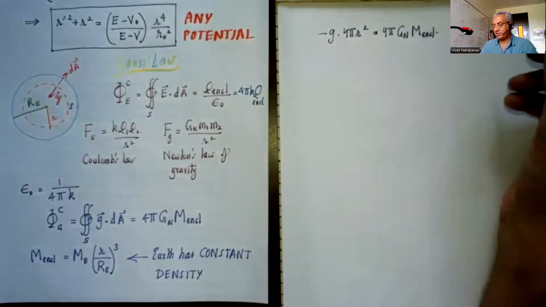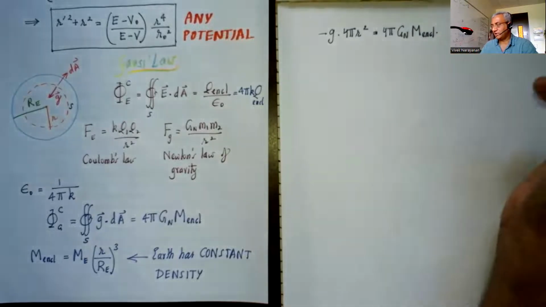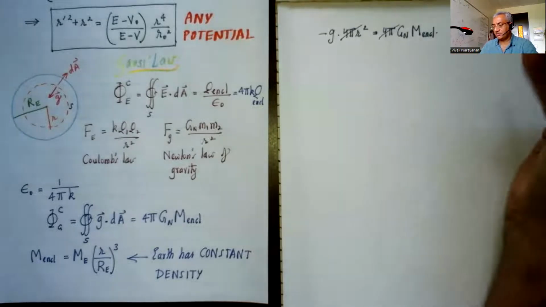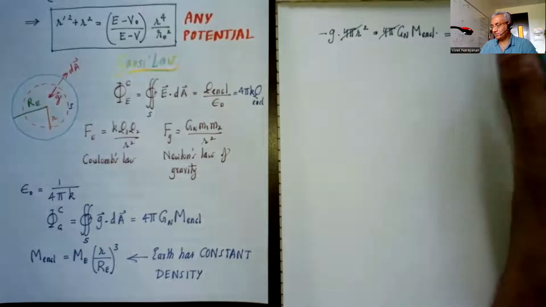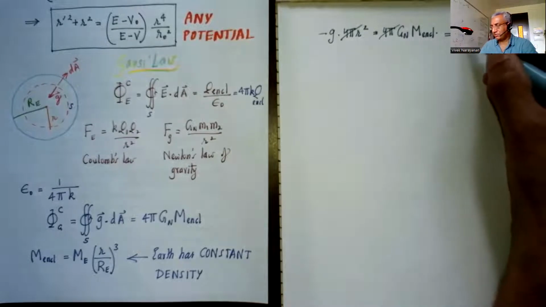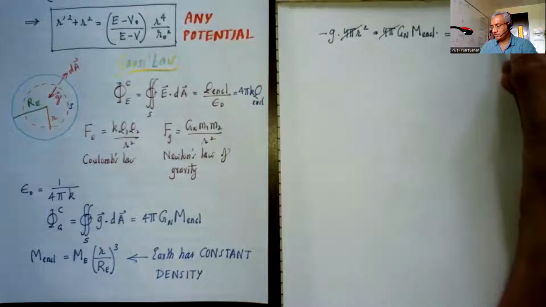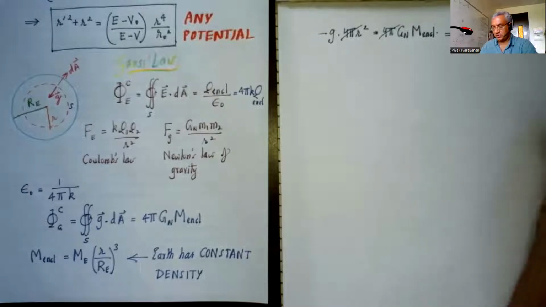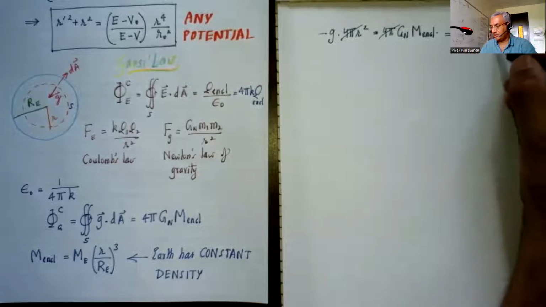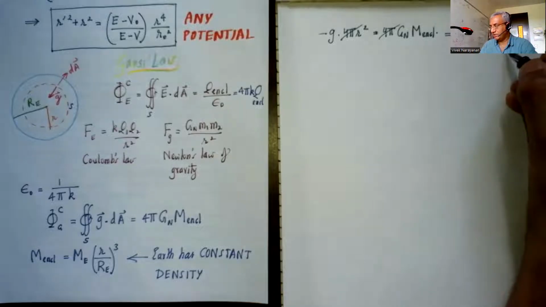So our 4 pi's cancel out, and we have our formula for g. As a vector, g would be negative G Newton M enclosed over r squared times r hat.